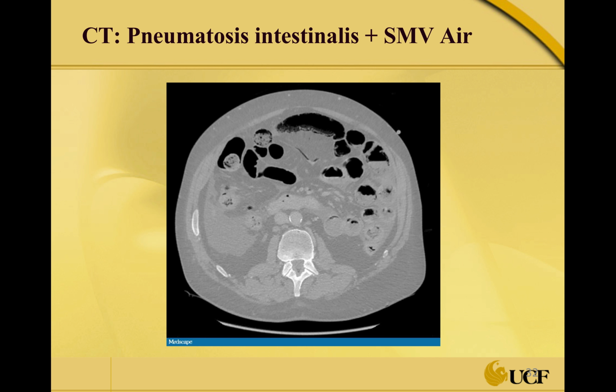Pneumatosis intestinalis. The CT shows, in a further caudal cut, SMV air. Pneumatosis intestinalis, which is defined as gas in the bowel wall, is often first identified on abdominal radiograph or computed tomography scans. It is a radiographic finding and not a diagnosis, as the etiology can vary from benign conditions to fulminant gastrointestinal disease.